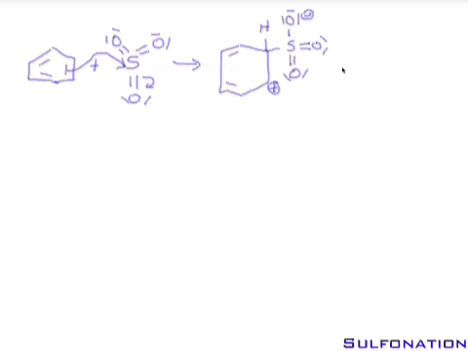Now there is HSO4 minus floating around, but let's grab the proton. What's interesting is the O minus on sulfur can actually contribute to grabbing the proton. And if it grabs the H, we can restore aromaticity, and we get this molecule.